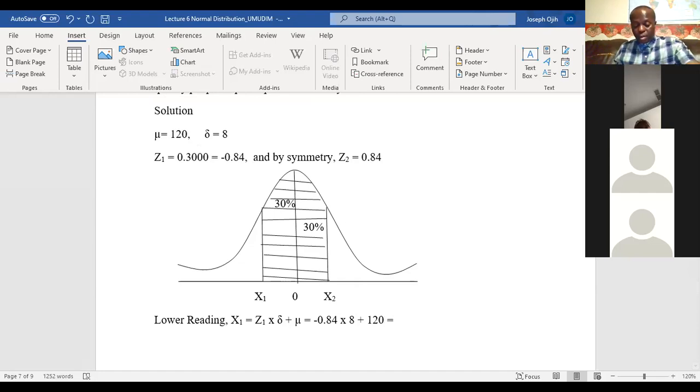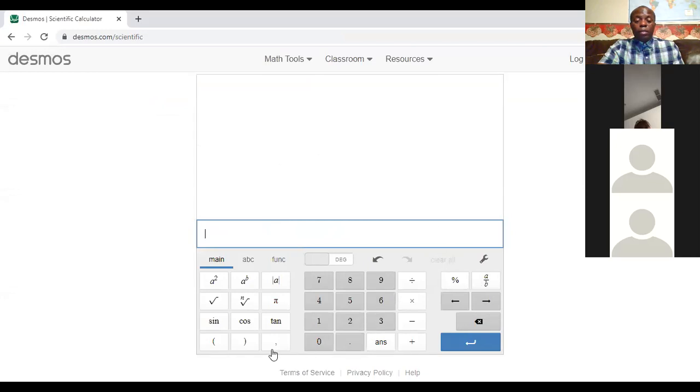And that will give us, write it down so we can calculate it: negative 0.84 times 8 plus 120. Put it inside the calculator. You got negative 0.84 times standard deviation of 8 plus mean of 120.